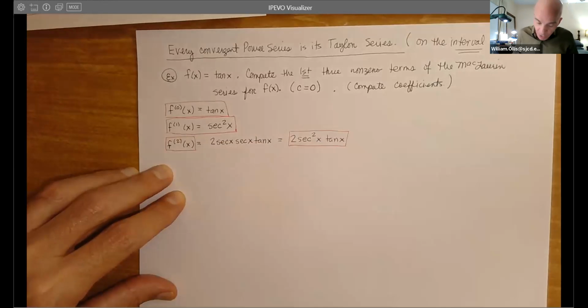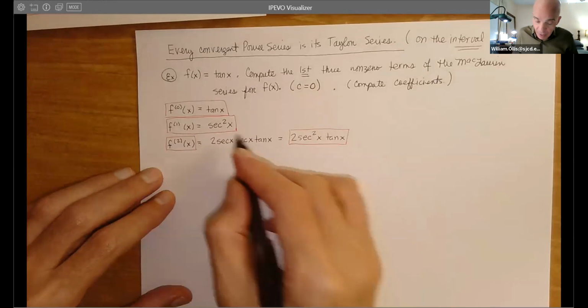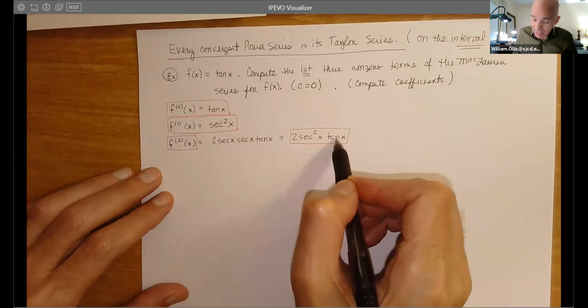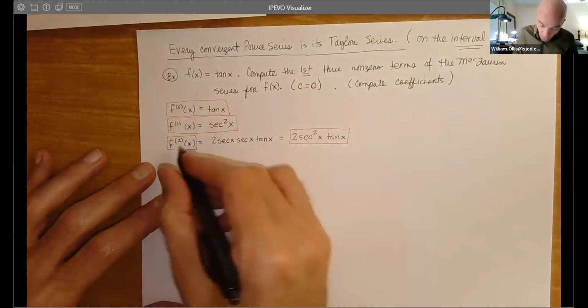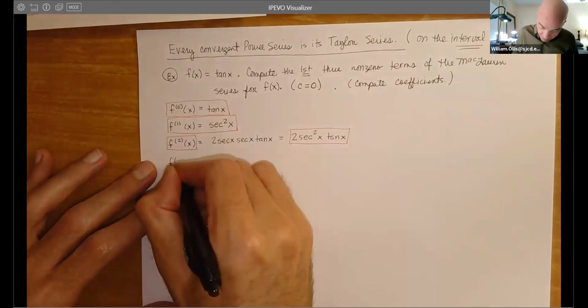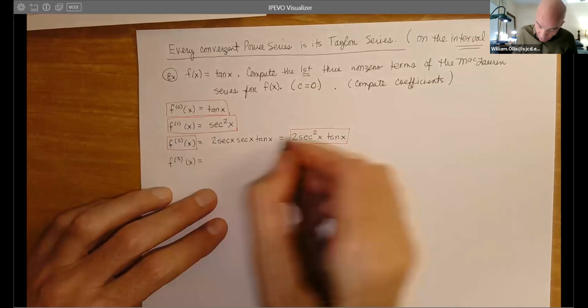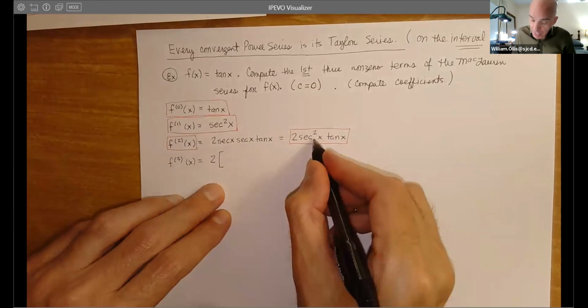And now we can factor. We want 5 derivatives because we can see now that if we evaluate at 0, that's 0, and that's 0. So we have to have at least 5 derivatives, 5 orders. So we can factor the 2 because it's just in the way, and we'll figure that out at the end. Now we'll take the derivative of secant squared.